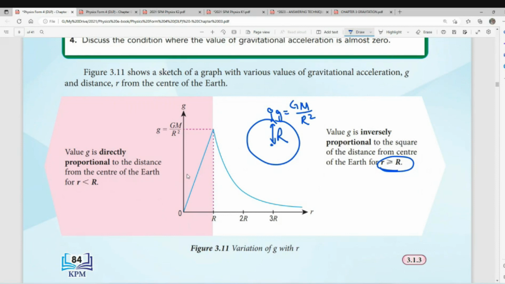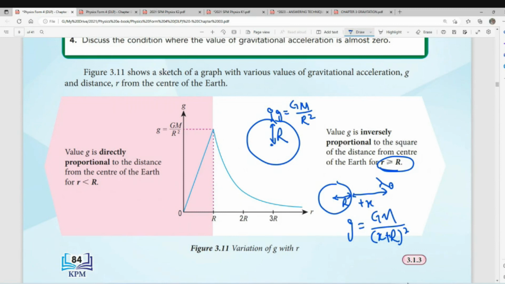Once you are far away from the Earth, your distance will be R plus X. It can become double R, triple R, and so on. Then your g will equal GM over (X plus R) squared.